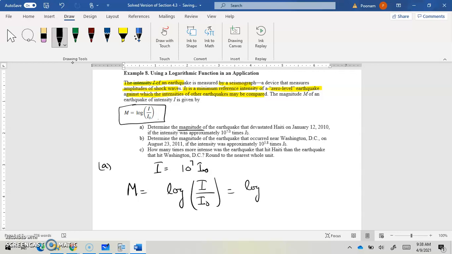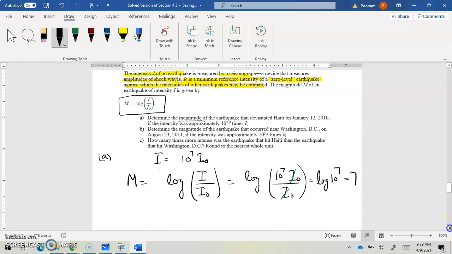I is given to be 10 raised to the power 7 times I naught, divided by I naught. I naught can be cancelled. So that is basically log of 10 raised to the power 7. It's common log, so the base is 10. This is a 10 exponent. That means the answer would be just 7. So the magnitude of the earthquake in Haiti was 7.